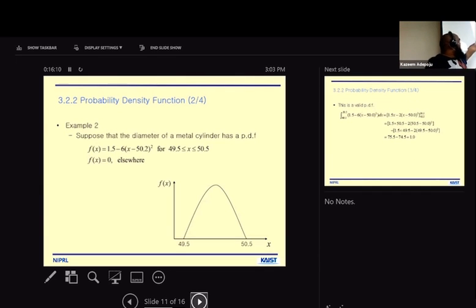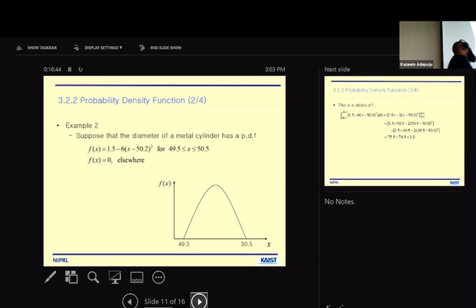They got f of x equals 1.5 minus 6 times (x minus 50.2) all squared, where x represents the values of the diameter. f of x equals 0 elsewhere, meaning if we're talking about a range other than that, then f of x does not exist. The only condition under which f of x exists is if and only if x is between 49.5 and 50.5.